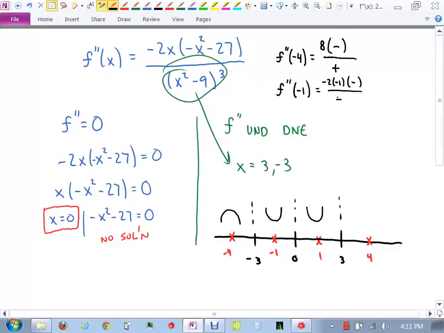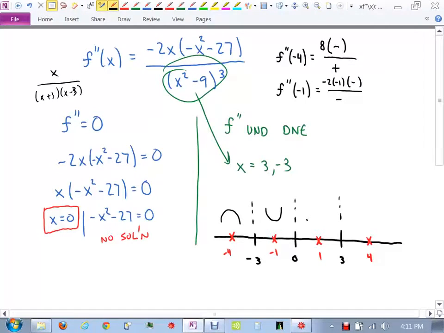Let me just do something real quick. I know that's negative, negative, that's positive. I know that's x plus 3, x minus 3. So if I plug in negative 1, I get negative. So that's positive. If I plug in 1, I get 1. So 1 should be negative, right?